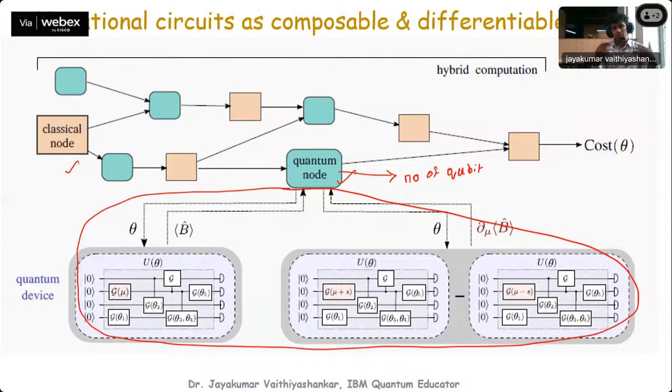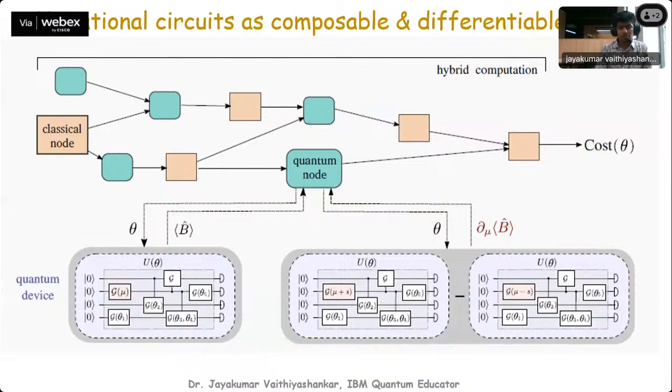You can do this in multiple ways: either use a classical simulation or execute on a quantum system. PennyLane collaborates with multiple vendors, so you can execute the same circuit on Amazon, IBM, Microsoft or Google quantum systems. This is very good for us.